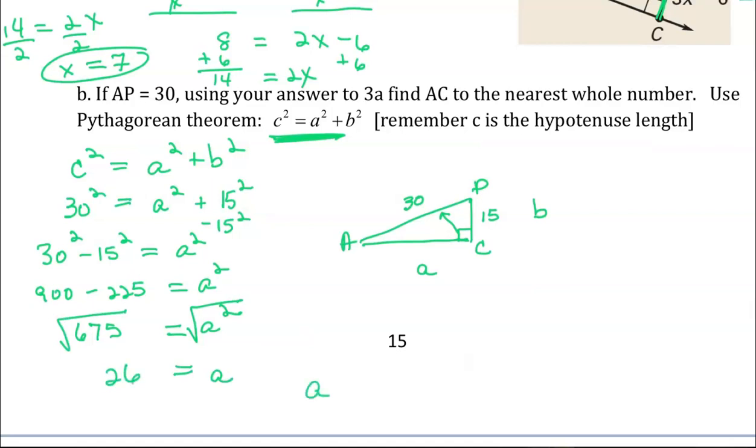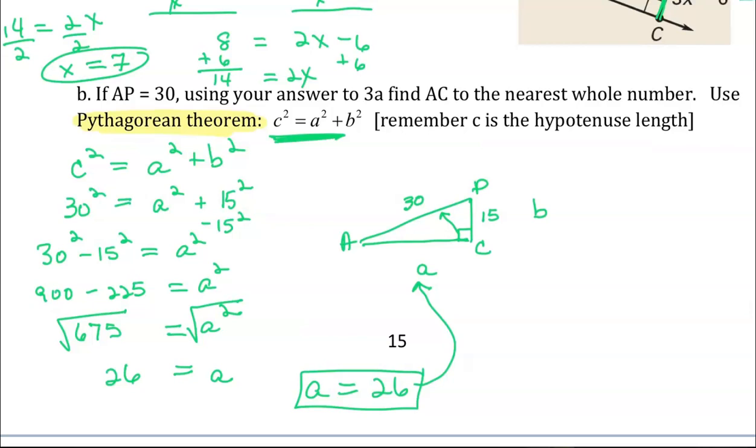Now, technically, you would get plus or minus 26, but because this is geometry and your side lengths have to be positive, I'm just going to report A as 26. So we use Pythagorean theorem to get that. Make a note of that because this section is going to have you use Pythagorean theorem sometimes to solve some of these triangles.